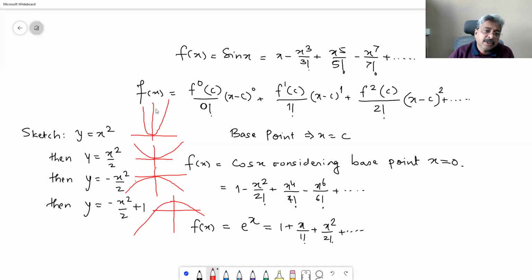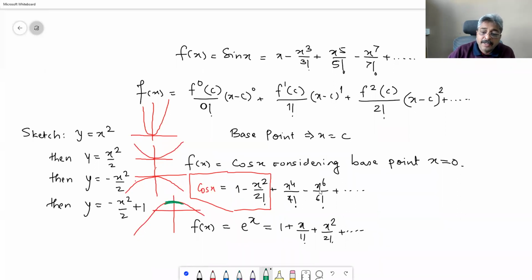Y is equal to x square is a standard upward opening parabola; half makes it flatter, the minus half coefficient makes it upside down, and we pan it up by 1. I am just stopping at this point: cos x is approximately 1 minus x square by 2. So 1 minus x square by 2 will look like this, and if you sketch cos x in the neighborhood of the base point 0, the graphs will coincide.